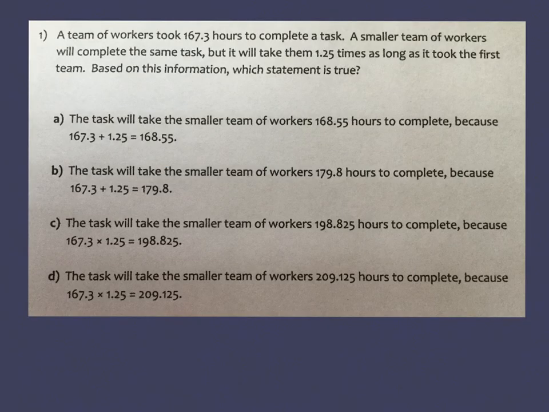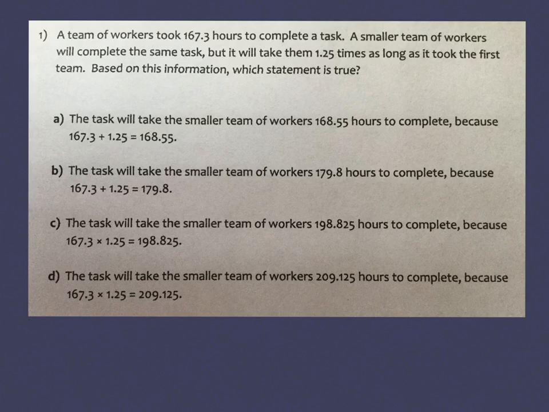In this problem, a team of workers took 167.3 hours to complete a task. A smaller team of workers will complete the same task, but it will take them 1.25 times as long as it took the first team. Based on this information, which statement is true?